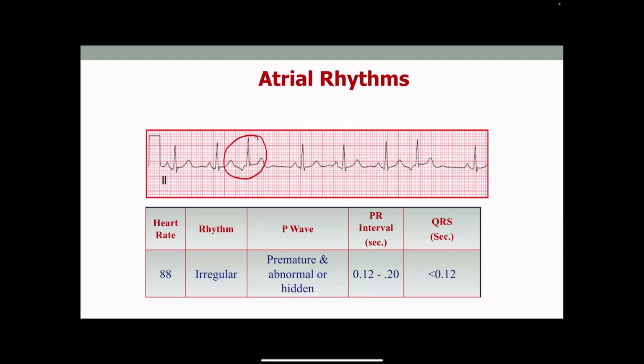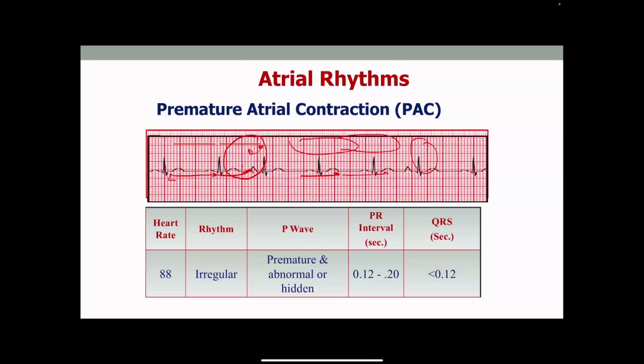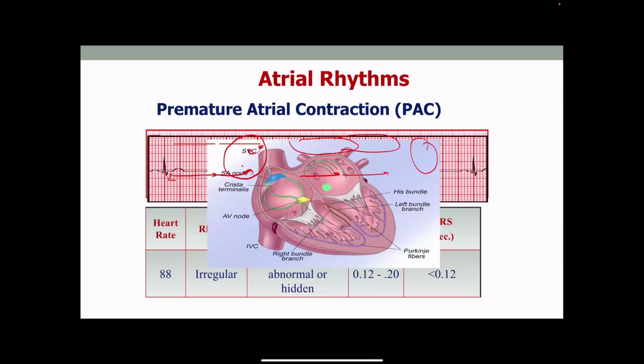Do you see how the space between this one and this one is normal, and they're all the same, but this one came a bit too early? But the rest are regular. I would say this one is also premature. Yes, exactly. You see how it's supposed to come here, but it came a bit too early. So the premature atrial contraction.